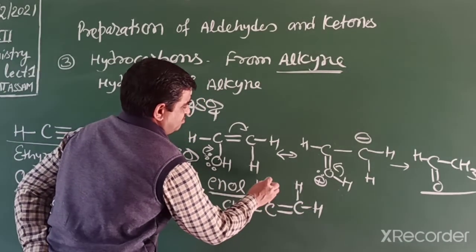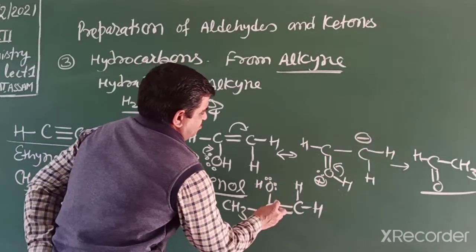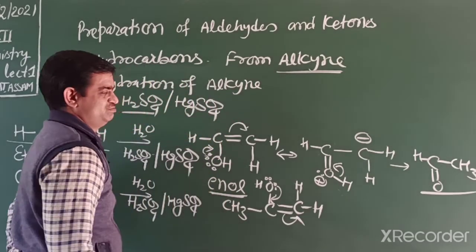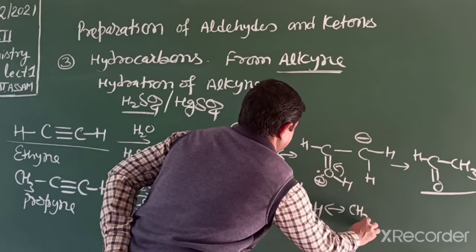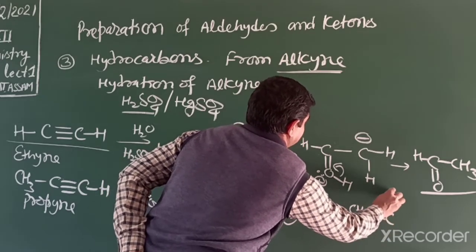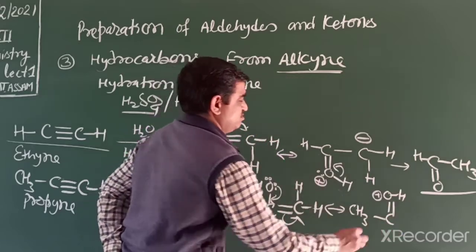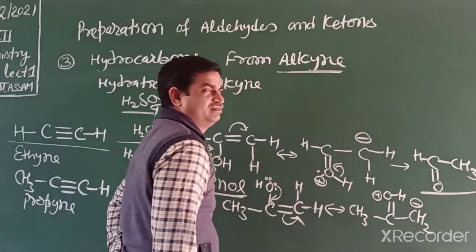So in this again there is conjugation. So the pi electron moves and on this side moves again. So it's resonance. Double bond, and the other carbon shows a negative ion.